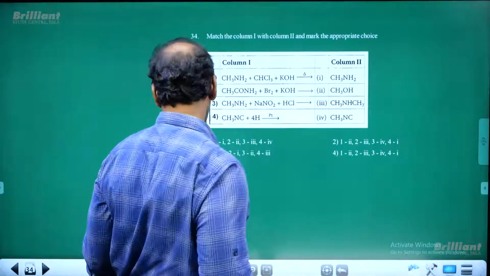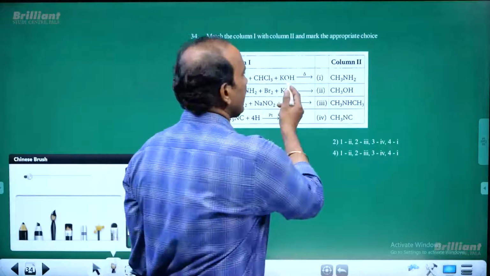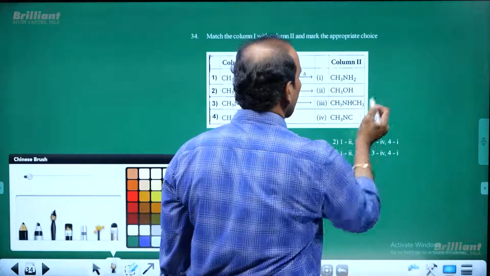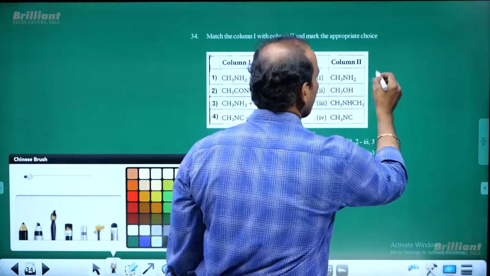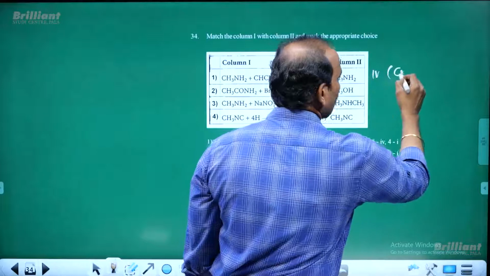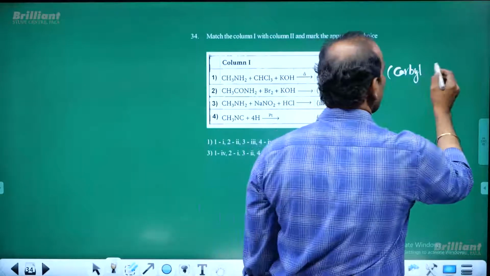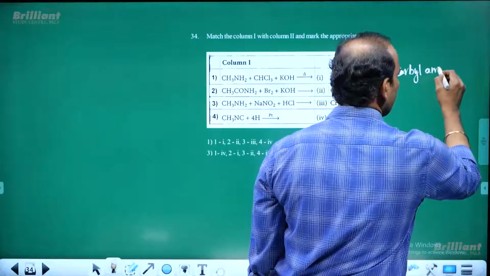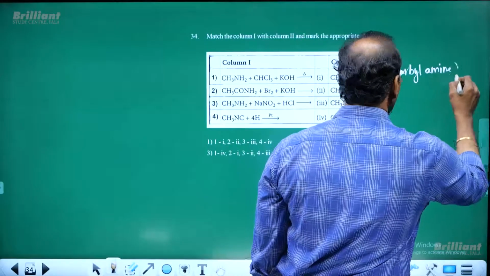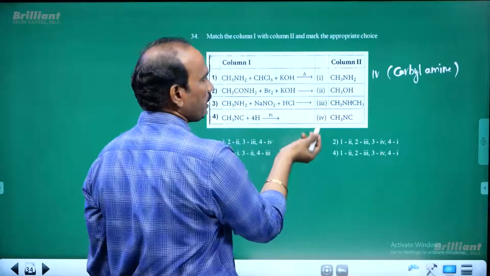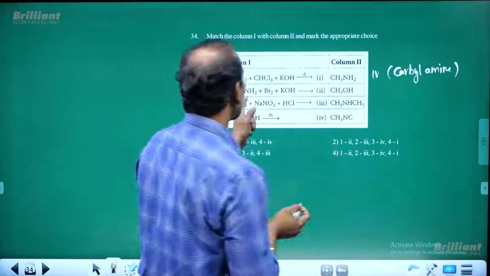Next. Here primary amines react with this one to form, this is the carbylamine test. Carbylamine test. Next one is Hofmann degradation, then one carbon less.